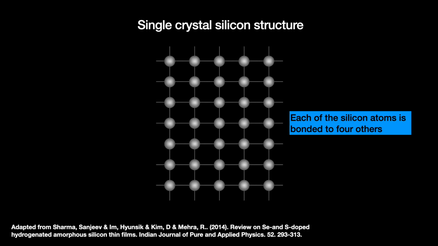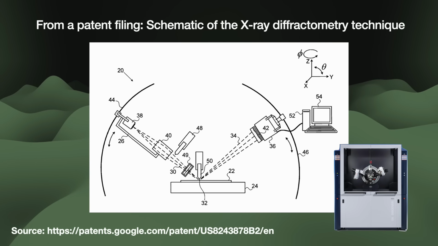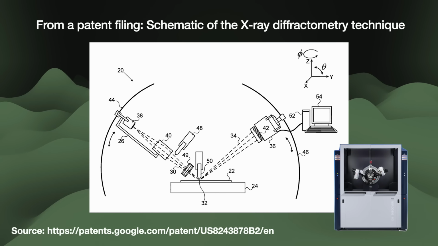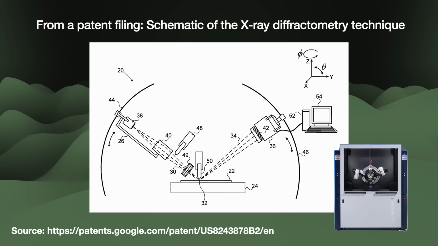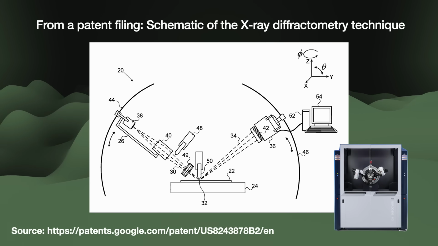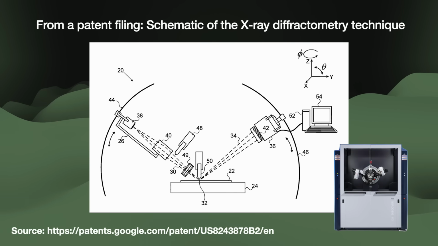This hurts device performance, so we need to check the silicon's crystallographic orientation. This is done with a machine called an X-ray diffractometer, or XRD. It hits the wafer with an X-ray beam and reviews what reflects back and how strongly. If there's scattering, it might be because the lattice has strains or faults.